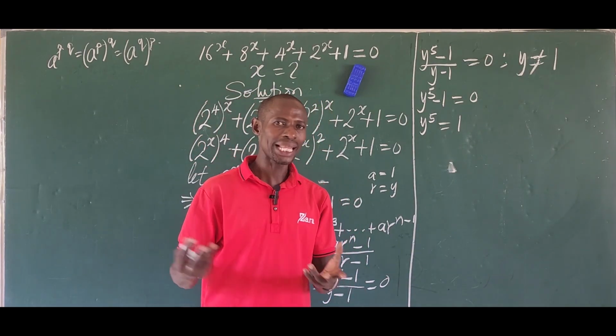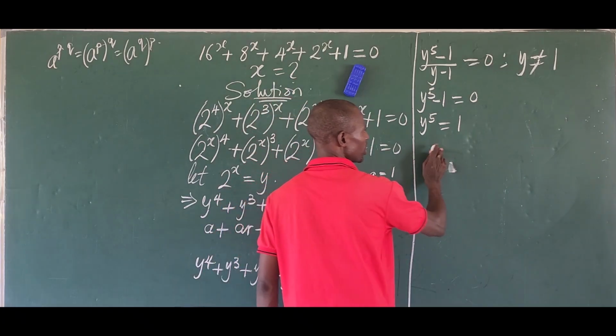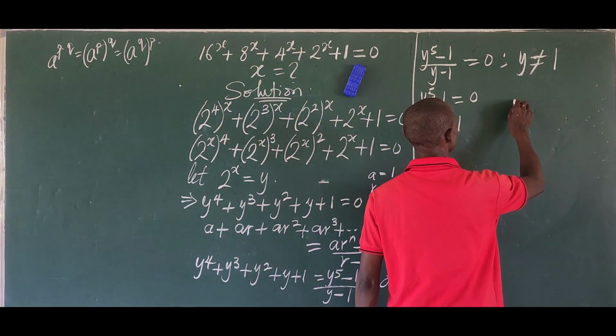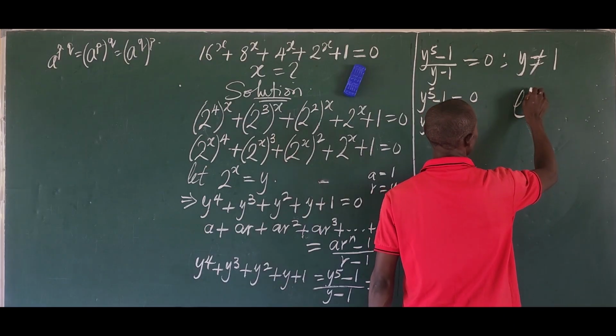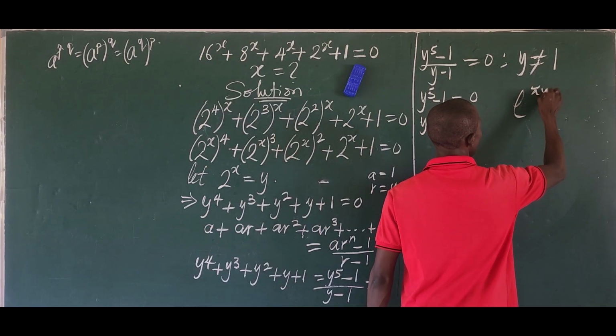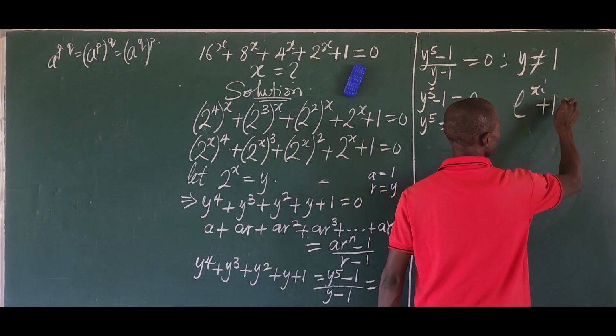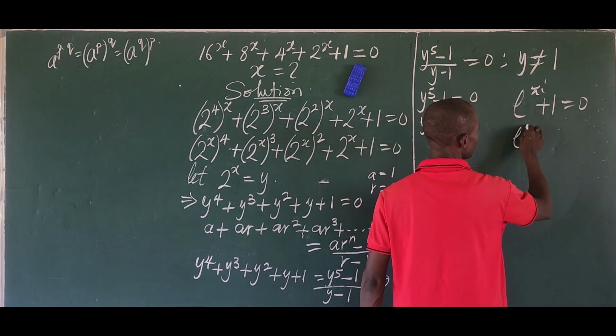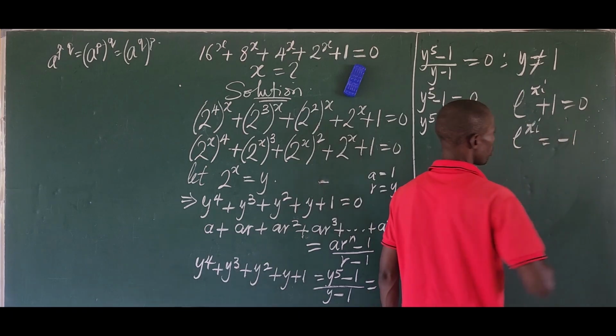We're going to invoke the Euler equation. And what does the Euler equation say? It says that e to the power of pi i plus 1 is equal to 0. So if we move this to this side, we have e to the power of pi i is equal to minus 1.